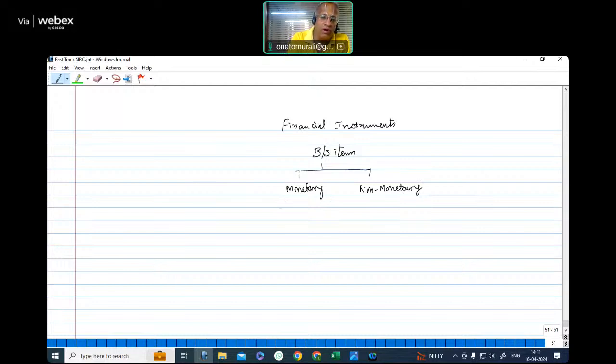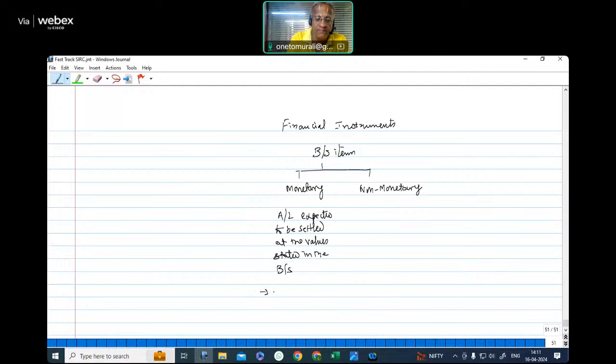Monetary items are those assets and liabilities expected to be settled at the values stated in the balance sheet. Assets and liabilities expected to be settled at the values stated in the balance sheet.